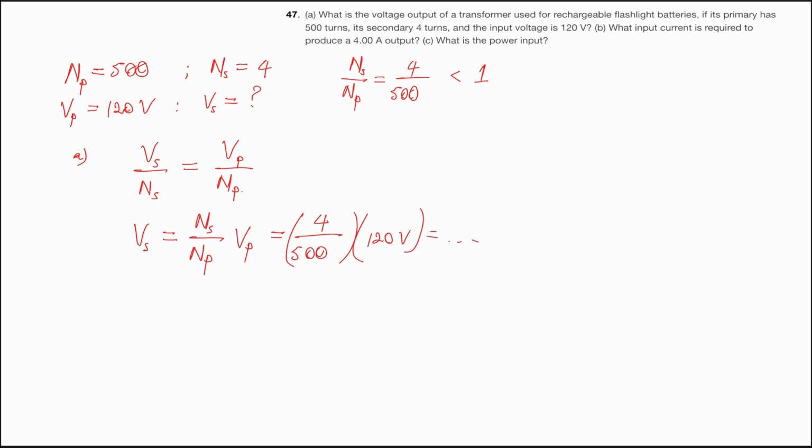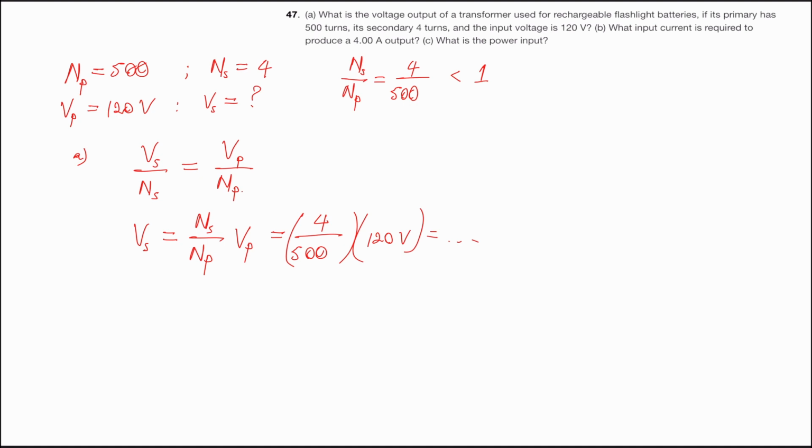You're welcome to, again, find the exact value here. But as you can see, we're multiplying 120 by a number that's less than 1. We know the outcome is going to be less than 120. We're rescaling it. Okay. Then part B goes on and says, what is the current required to produce an output of 4 amperes?